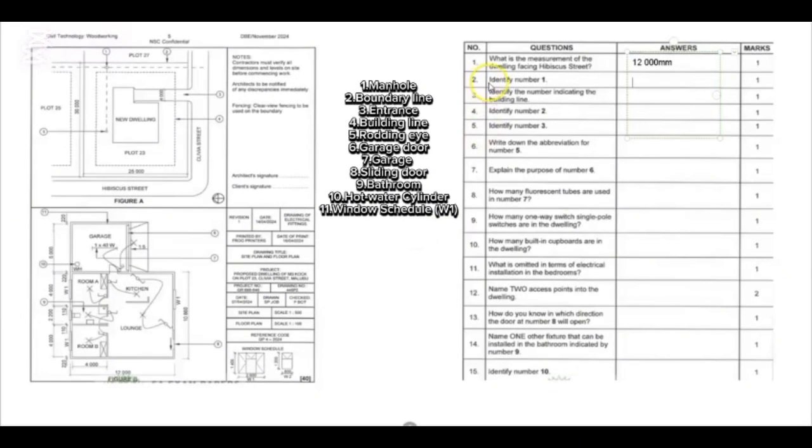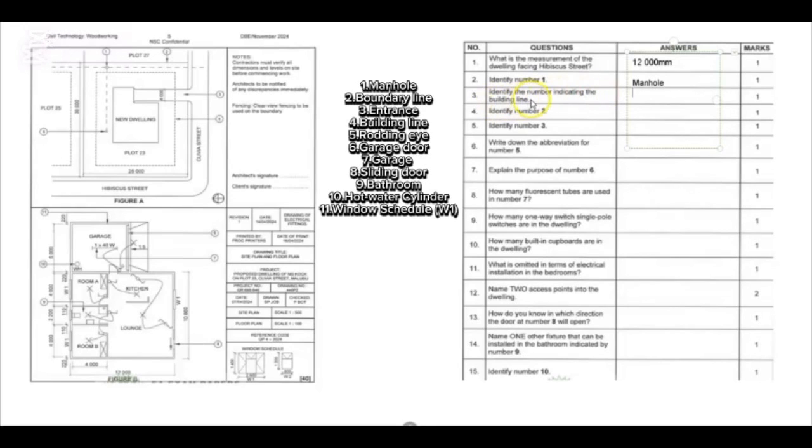Now this is where we use our labelings, because we already labeled every detailed part. Now it's easier for us to answer the question or to identify the part on the site. So we said number 1 is the manhole, so we can easily write down that number 1 is the manhole.